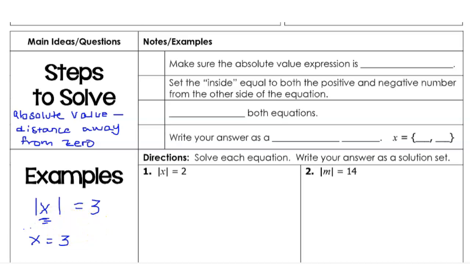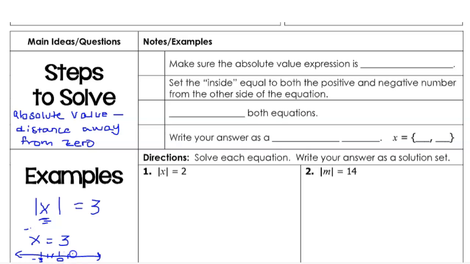So if we look at the number line, guys, I'll just plot that number line down here. I have 0 in the middle, and over here is -3. That is 1, 2, 3 units away from 0.